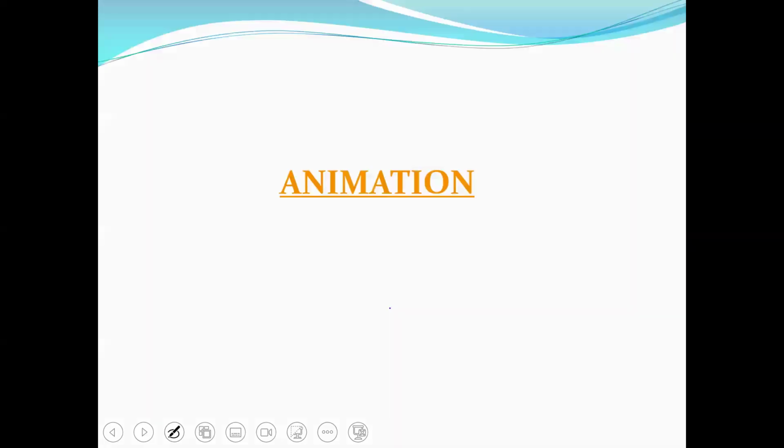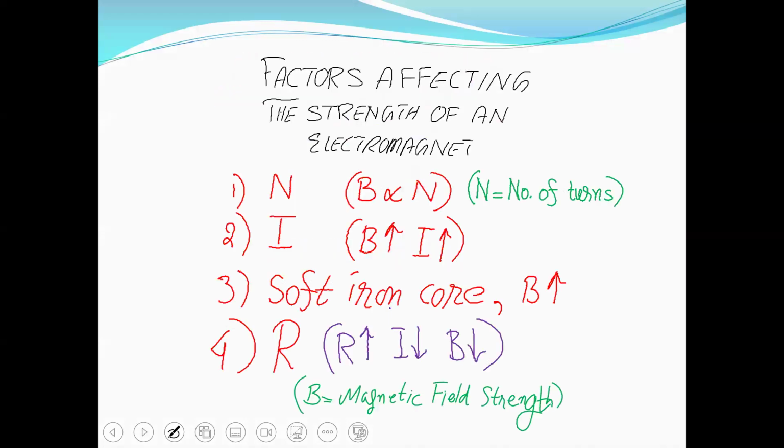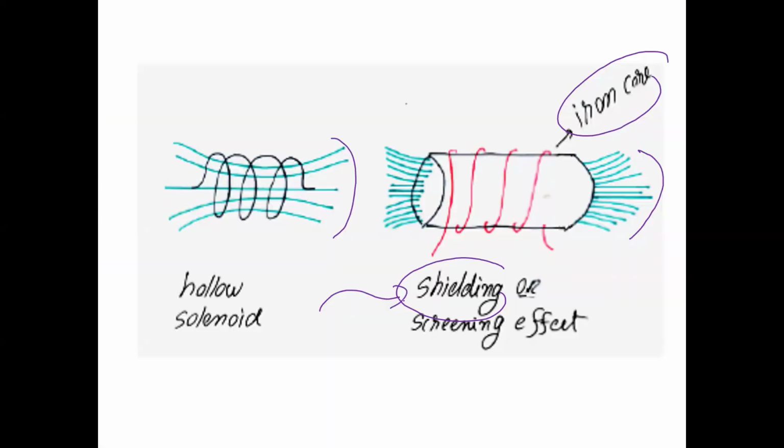So now change the line and write under it: presence of an iron core increases the concentration of flux.